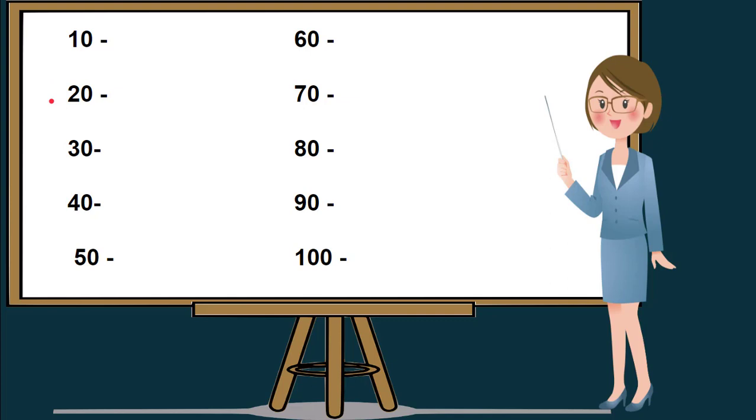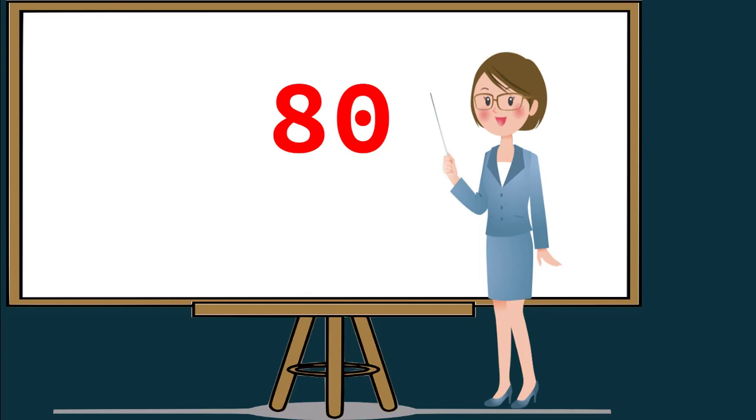Ju, ni ju, sanju, yonju, goju, rokuju, nanaju, hachiju, kyuuju, hyaku. Very good. This time, I'll give you a random number.